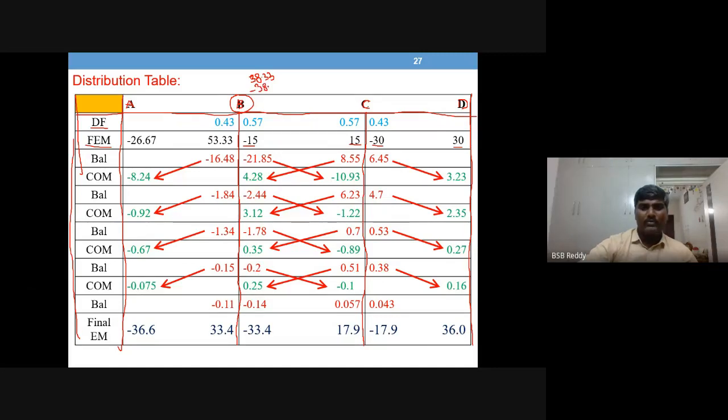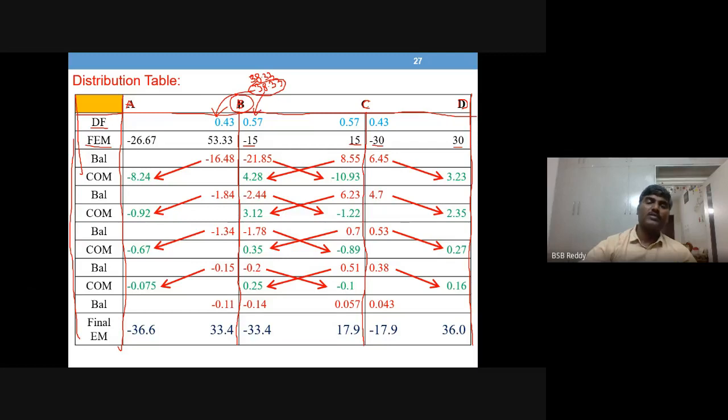minus values. Okay. If the positive value is the balance, so we are going to add this minus value to the two members at that joint. How do you add or how do you share it? Minus 38.33 is just by multiplying with this distribution factors.